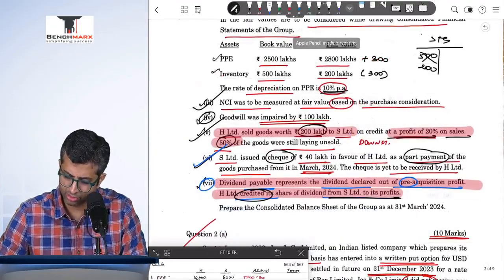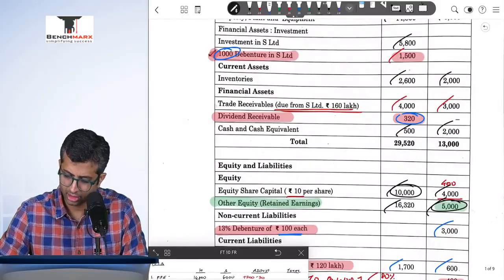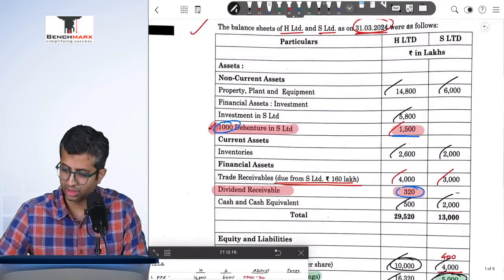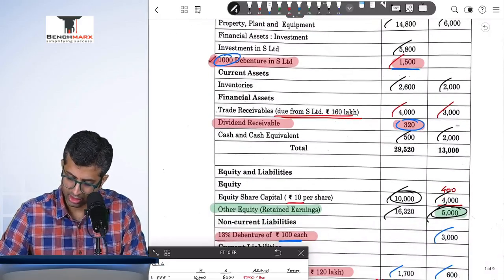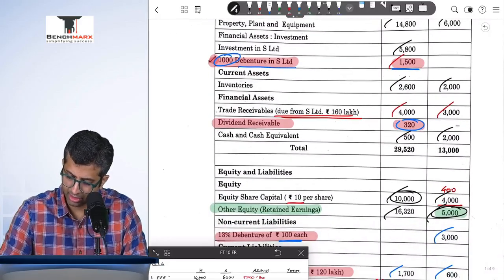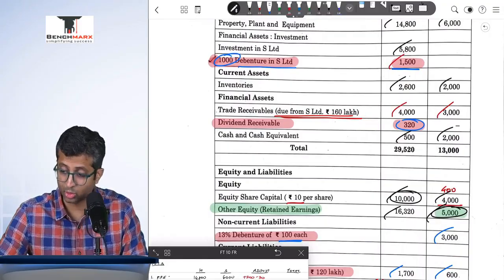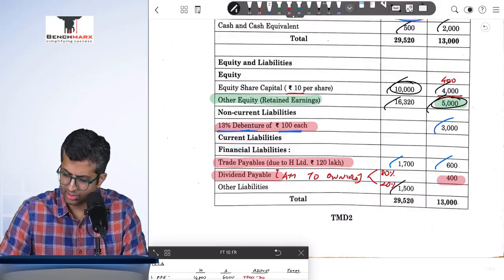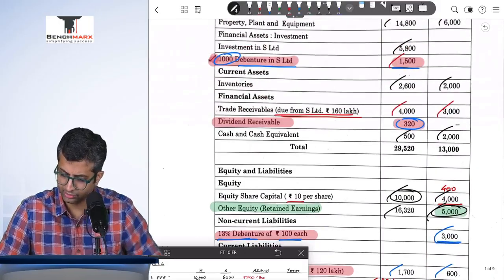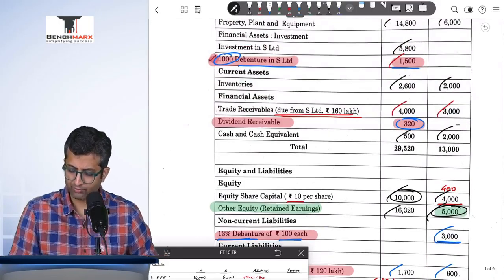look at the investment, how much is it? 1500. This is in lakhs. Just a second. This is 1000 debentures in S Limited. So this must be 1000 lakh debentures in S Limited. This is debentures worth 3000.